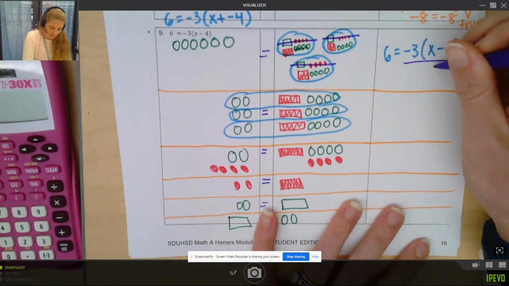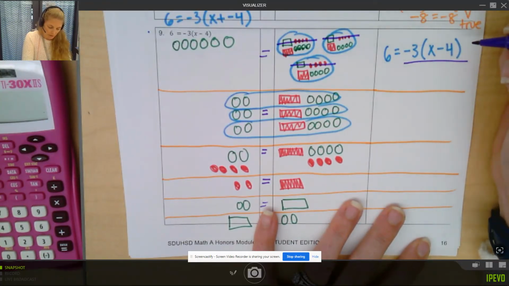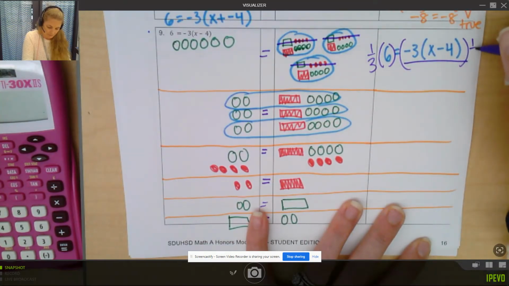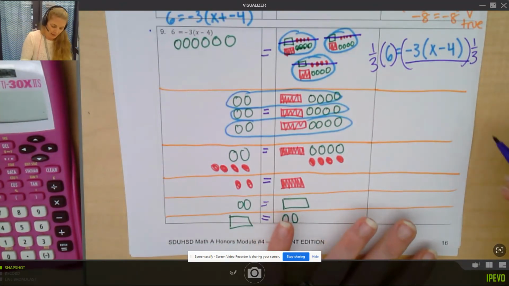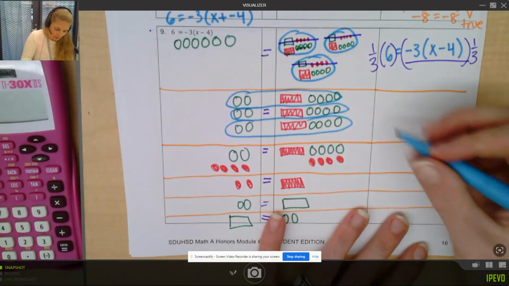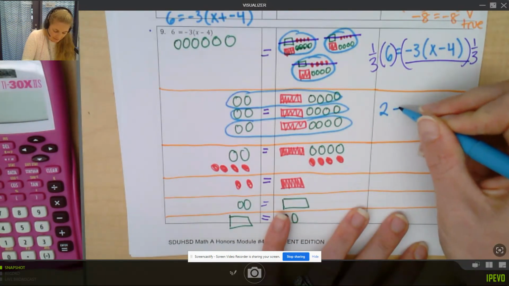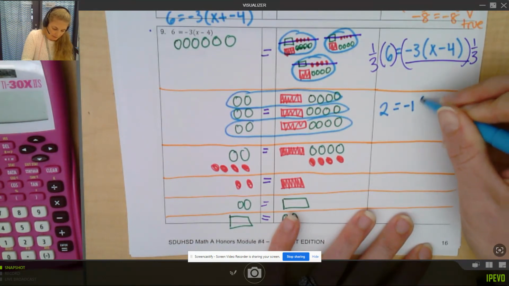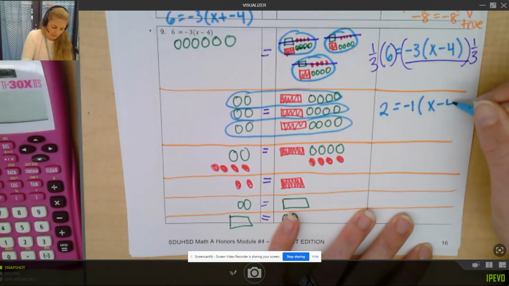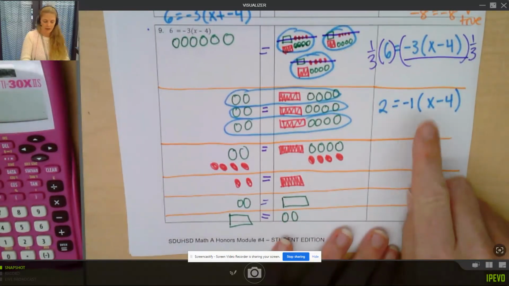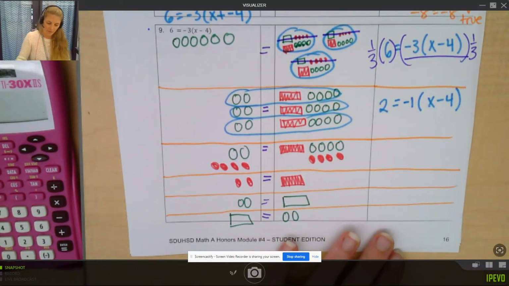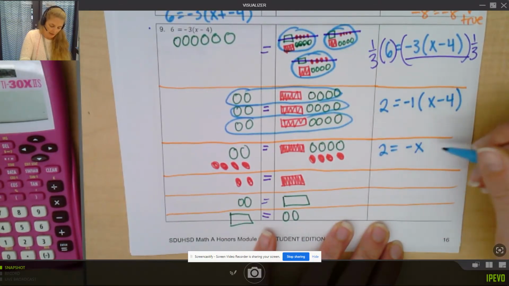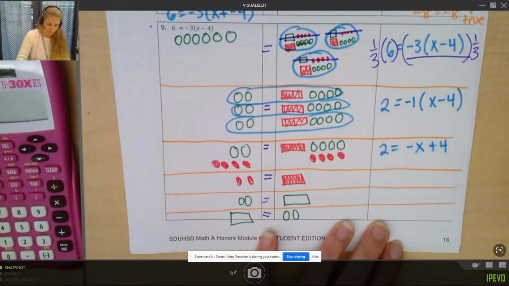So if we take a look at this and we take 1/3 of both sides, we're going to have 2 is equal to -1 times x minus 4. And then we would have to distribute that -1 to get 2 is equal to -x plus 4.